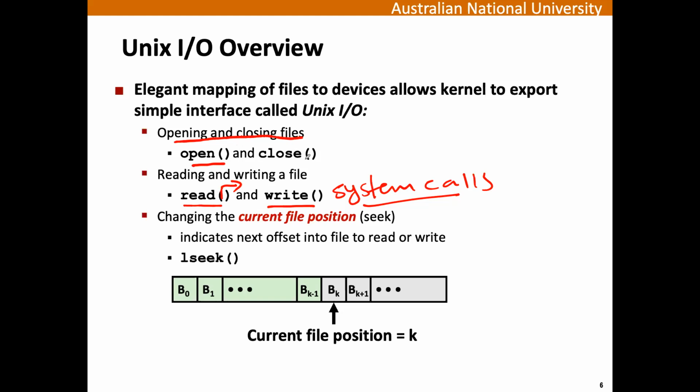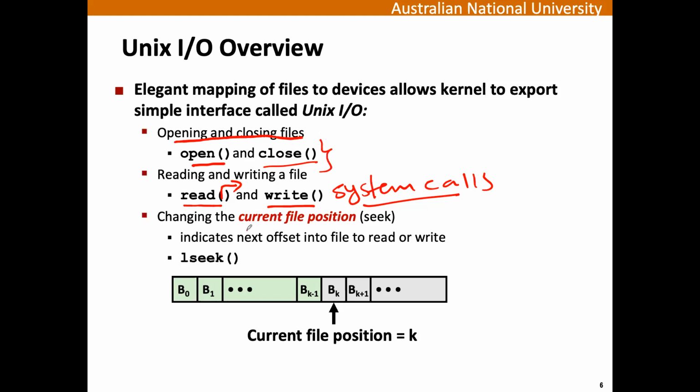So we have read, write, open, and when we're done using the file, we want to close the file. So any data structures that a kernel is maintaining for the file, the kernel can actually delete them. This is important for management purposes.